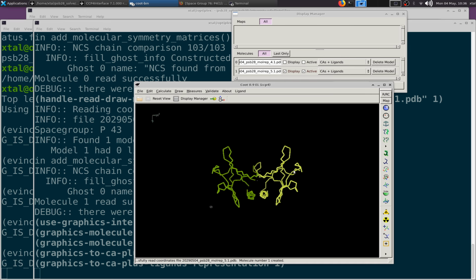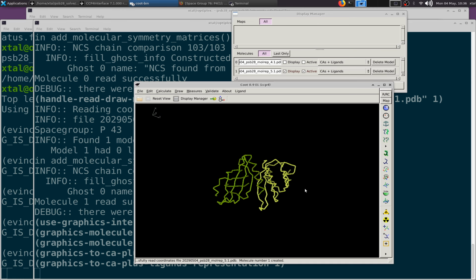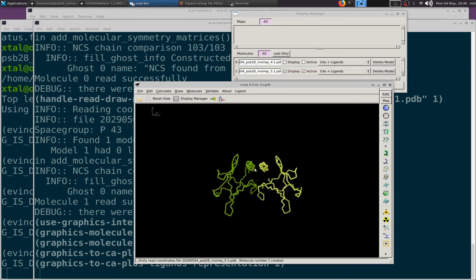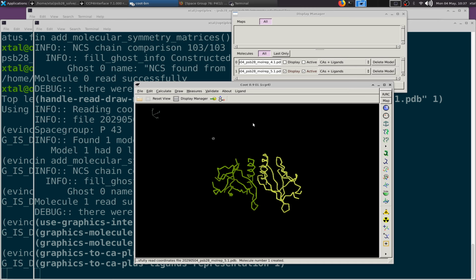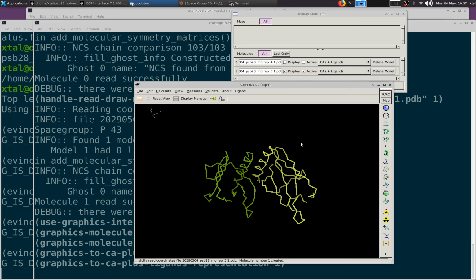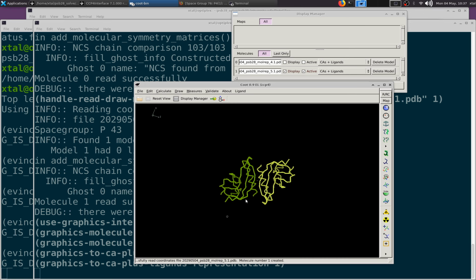So if this is the biological dimer, it means P43 is the correct space group, and I can make the molecular replacement search much quicker now by searching for 2 copies of this and finding those 2 in the asymmetric unit.